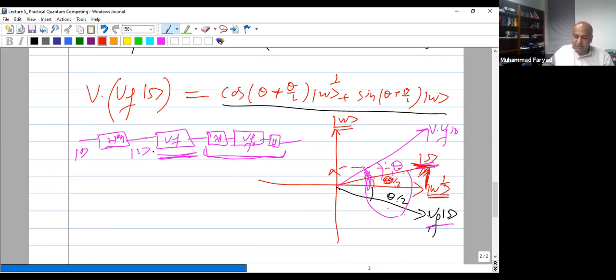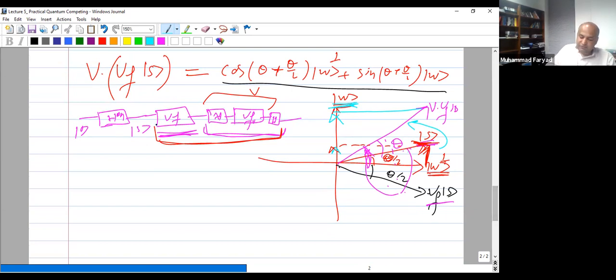And when we applied this UF and this diffuser V, we shifted the state from S to this state, so we increased its angle towards W. Now its projection along W is greater than before, and it is more tilted, rotated towards this solution state.